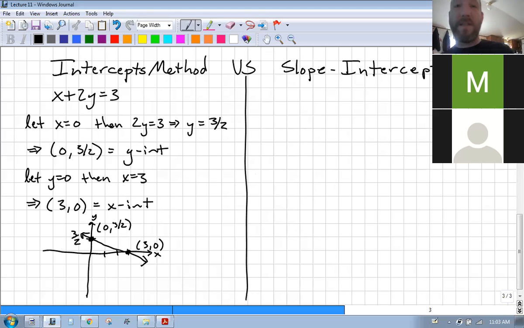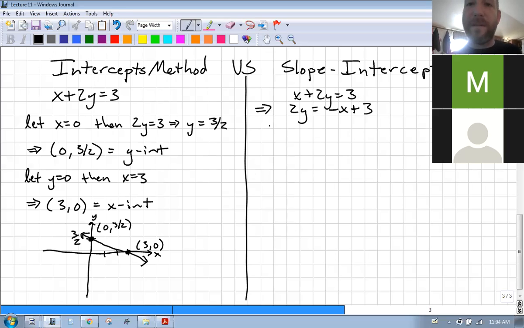You let the x be 0, find out what y is. And you let the y be 0, find out what x is. That's the intercepts method. The slope intercept method, we have to put it into slope intercept form. So we would have this, and then y equals -1/2 x plus 3/2.